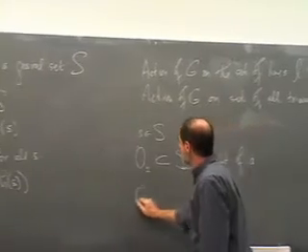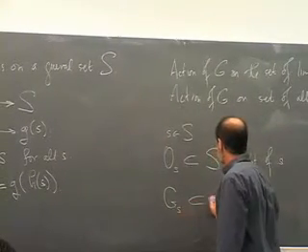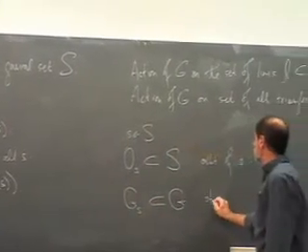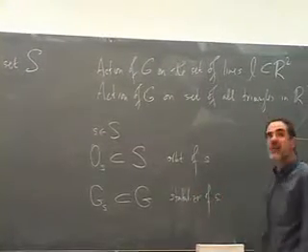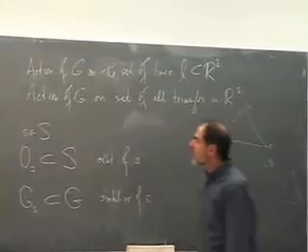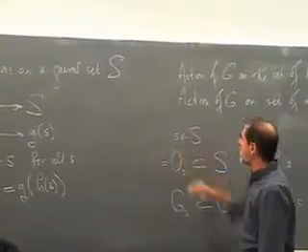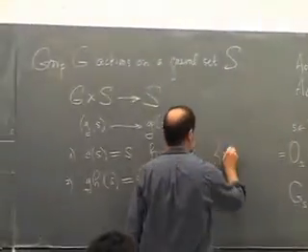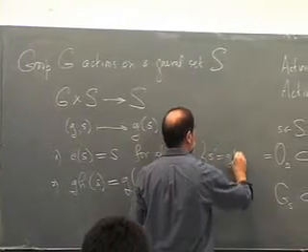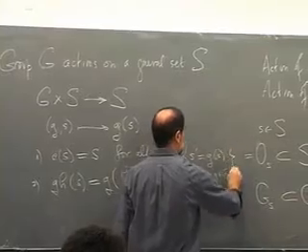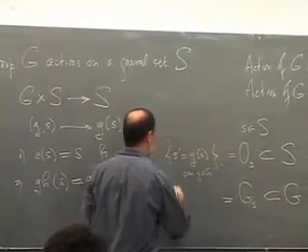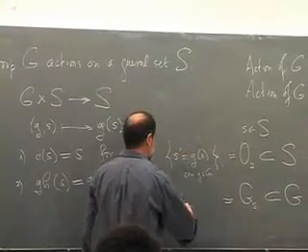And the other is a subgroup of G, called the stabilizer of S. So the orbit of S is all the points that G takes S to. So this is the set of S prime equal to G of S, for some G in G. And the stabilizer is the subgroup that fixes S.